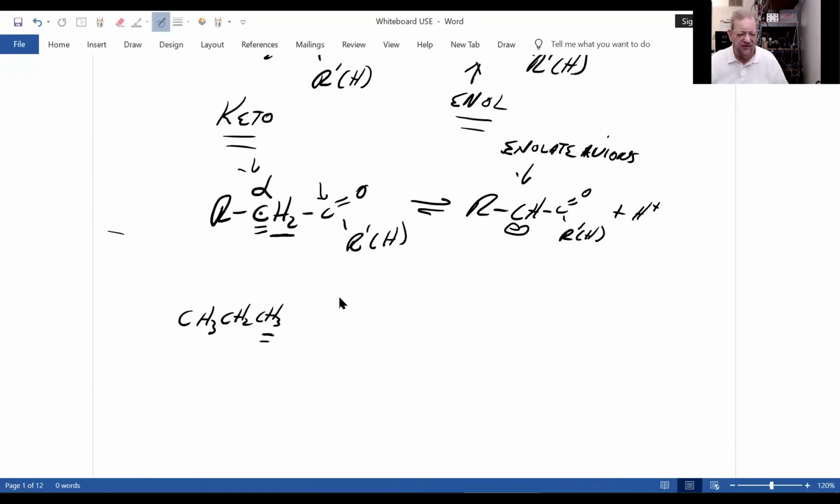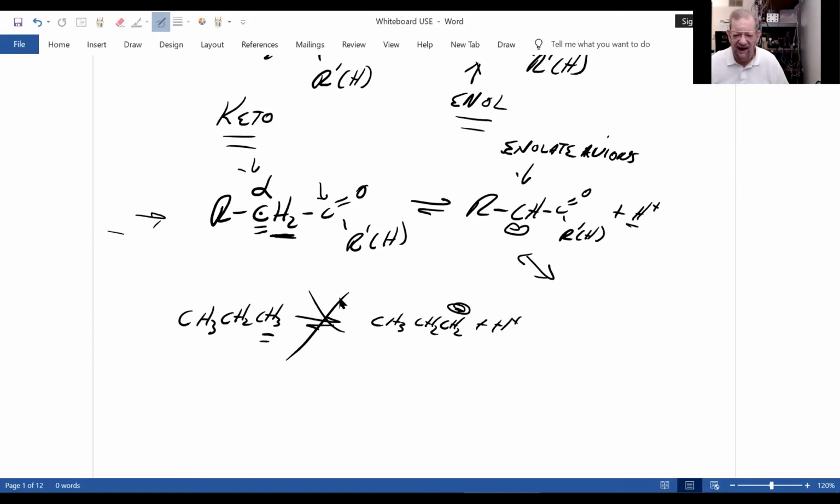This really doesn't happen, but this does. And you can look at this, and the question is, why can you pull this H plus, proton H plus, off the alpha carbon? And the reason is stabilization.